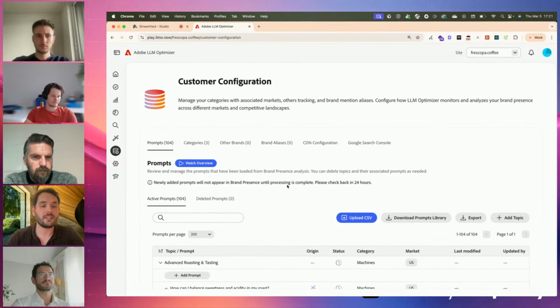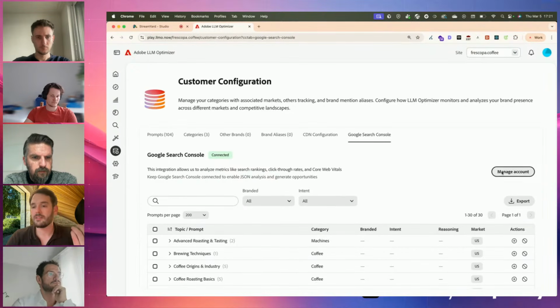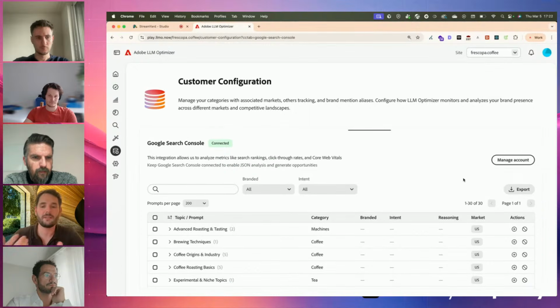Another thing that we added recently, which is getting a lot of usage, is a Google Search Console integration. You can connect your Search Console account, and we will fetch through the APIs information about the keywords for which you are ranking on the SEO side, and that gives us information about what your website and business is talking about.